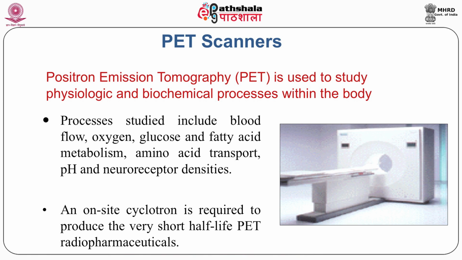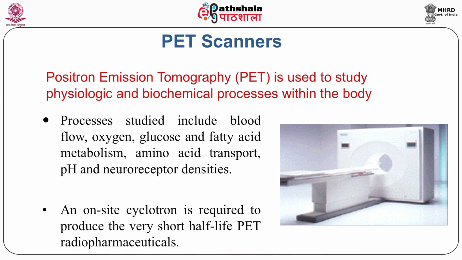Then we come to the PET images, or the PET scanner. The PET scanner is again a new era technology where we use radioisotopes for molecular purposes, and you can go beyond the organ base, to know about the disease at the cellular level, or find abnormalities. It is called positron emission tomography.